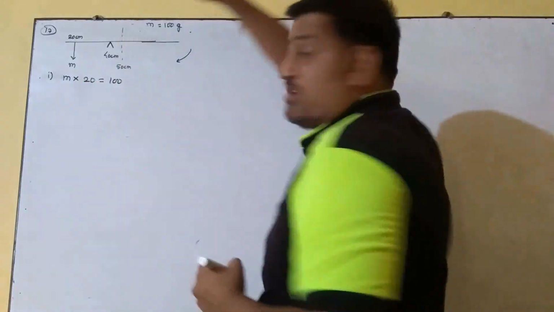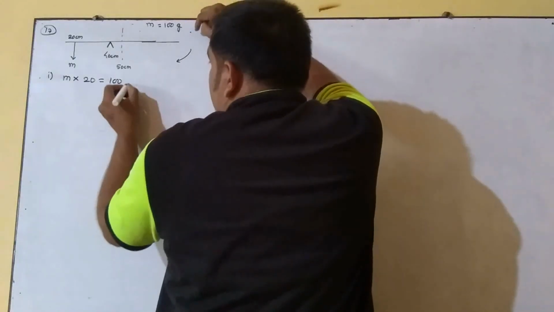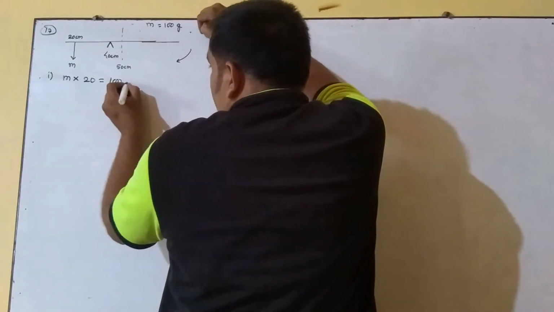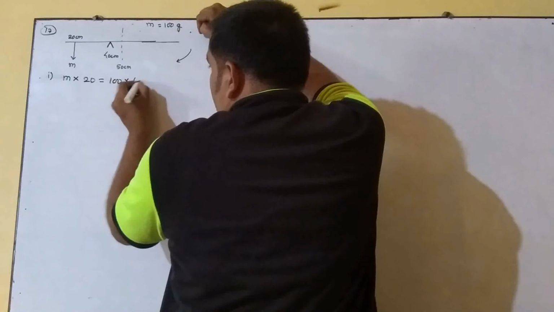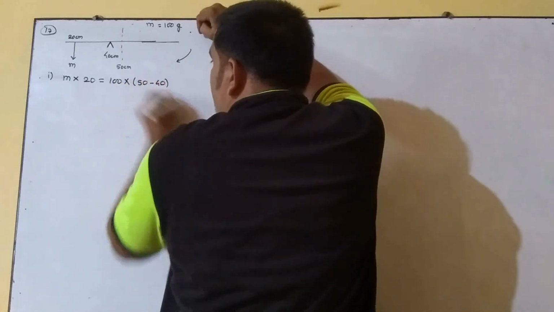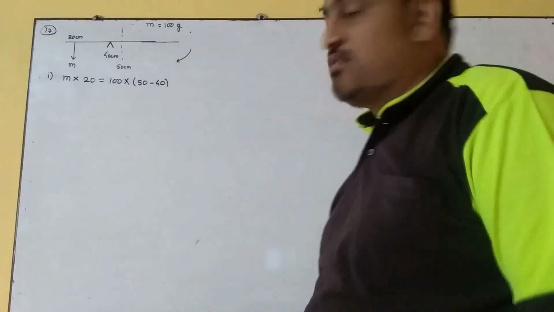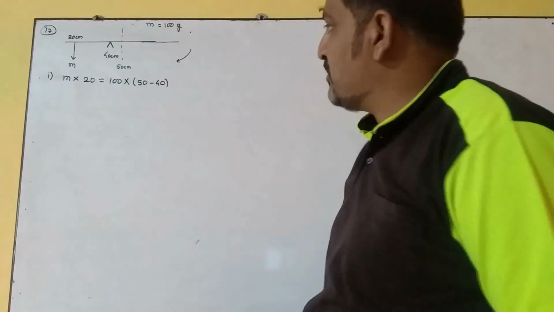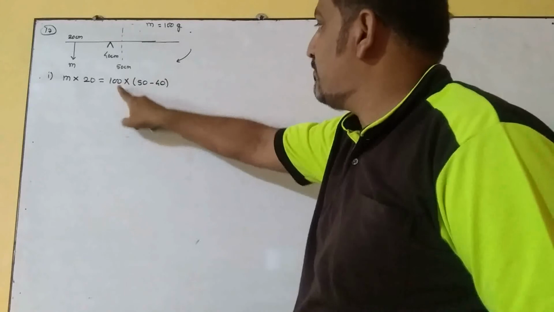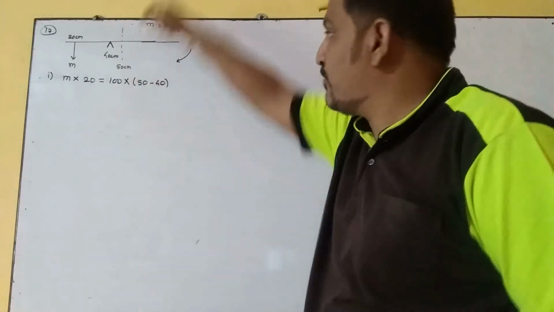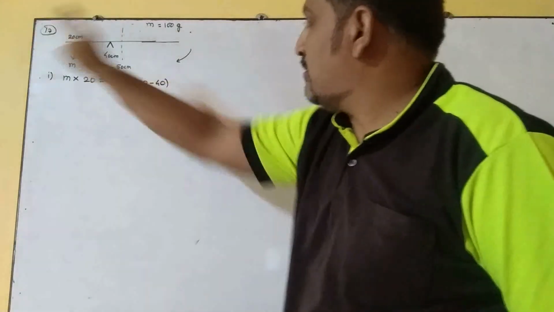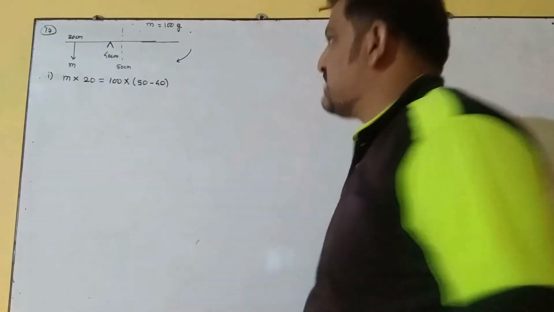The 100 gram mass of the ruler balances at 50 minus 40, because actually it should be at 50 centimeter, but the fulcrum is taken at 40 centimeter.